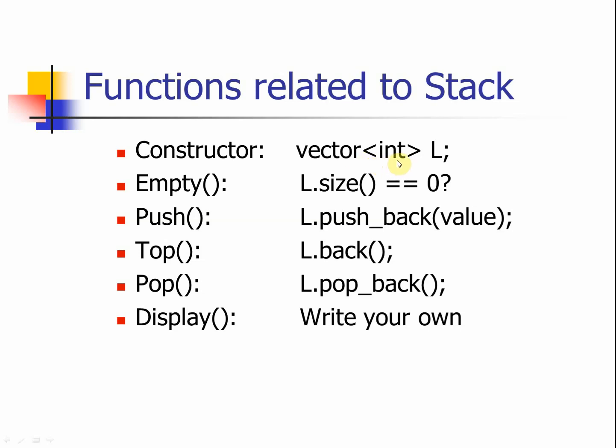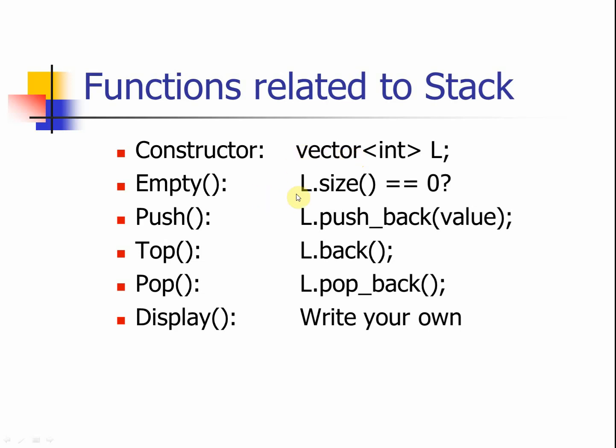If your data type is integer, put int. If your data type is float, put float. If your data type is char, put char. Then you need to provide a name for your vector. This name can be any variable name that you want. Put a semicolon indicating that you have finished the vector declaration. That is simply your vector constructor.